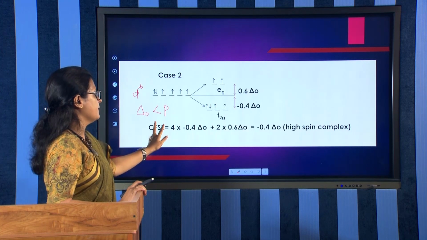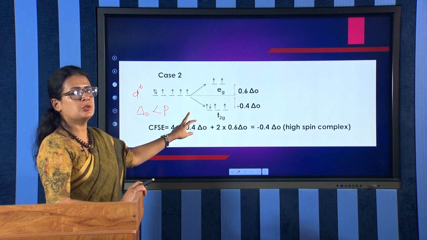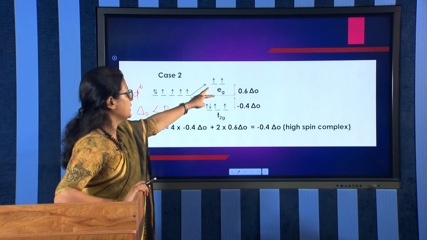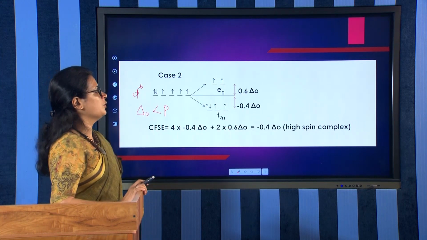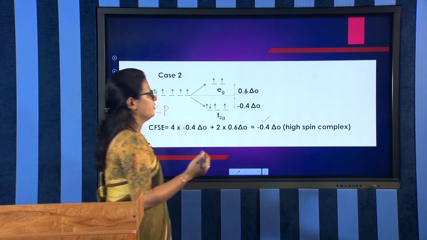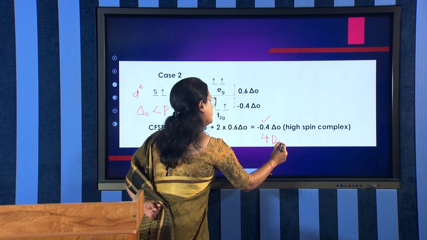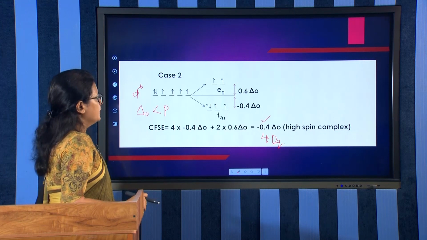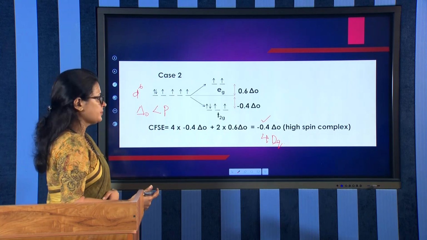While calculating the CFSE, how many electrons in t2g? 4, with stabilization energy minus 0.4 delta O each, and electrons in the eg, 2 into 0.6 delta O. In total you add this and get the value as minus 0.4 delta O, or 4 Dq. This is a high spin d6 complex.